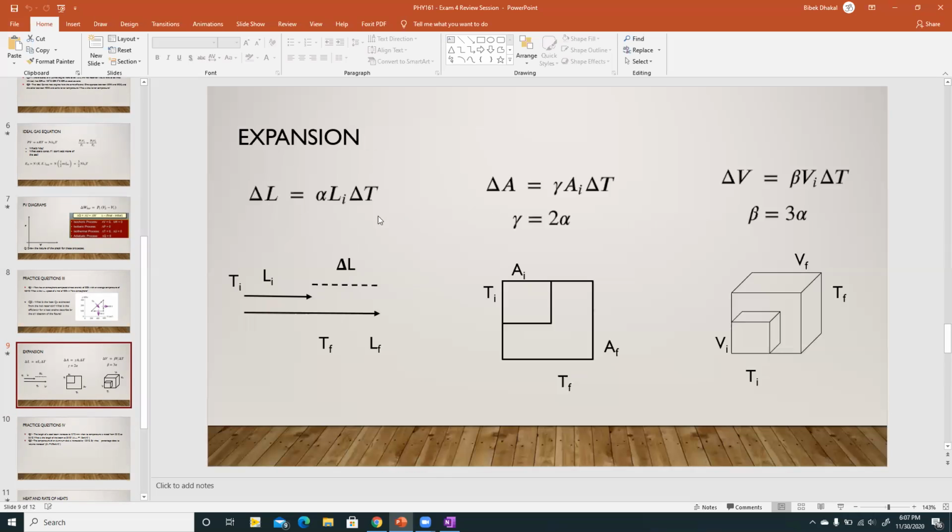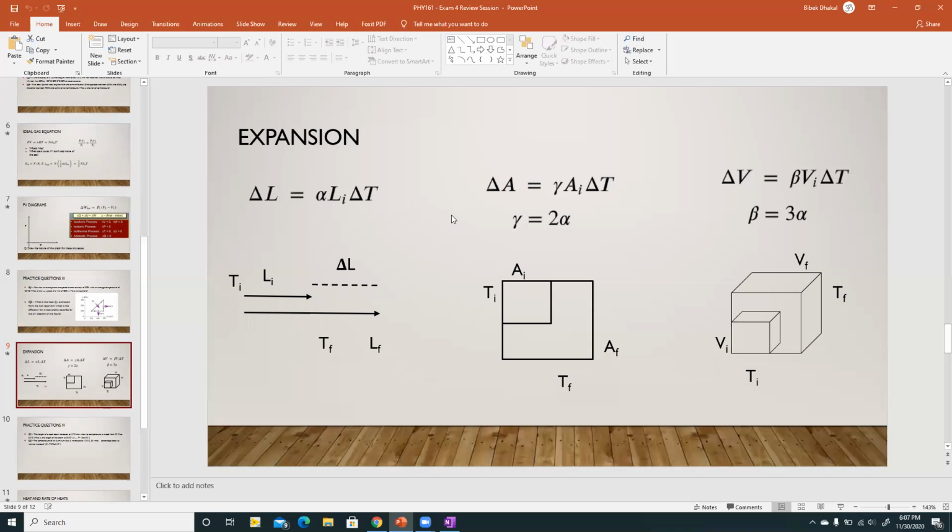There are three kinds of thermal expansion. One is the expansion in length, the other is the expansion in area, and the other is the expansion in volume. All of these changes are given by these equations. What can happen is that when you have already studied Young's modulus, in Young's modulus you study strain, that is change in length over the original length.